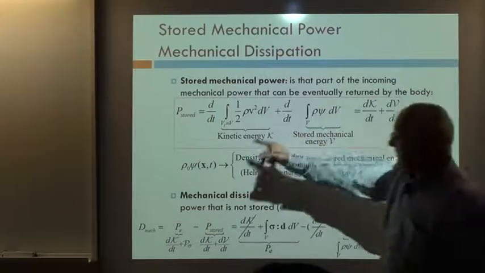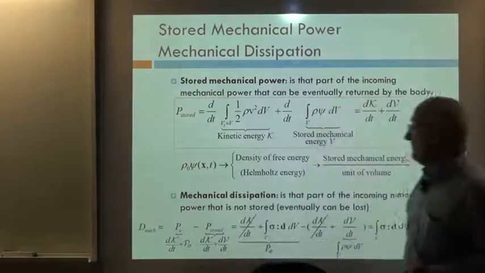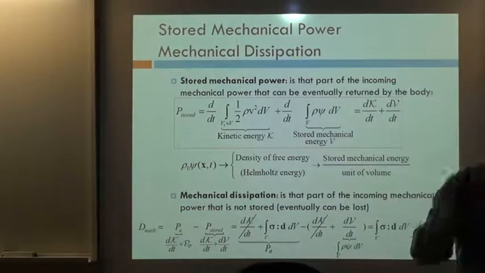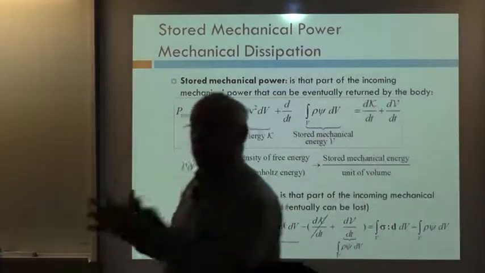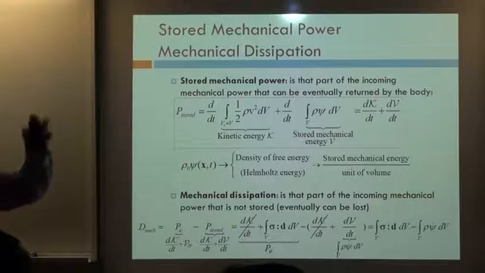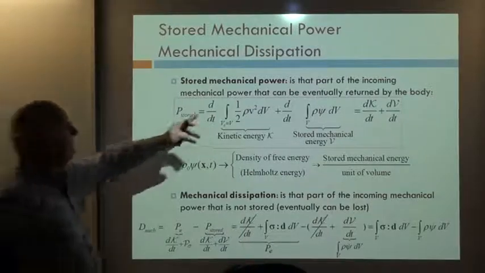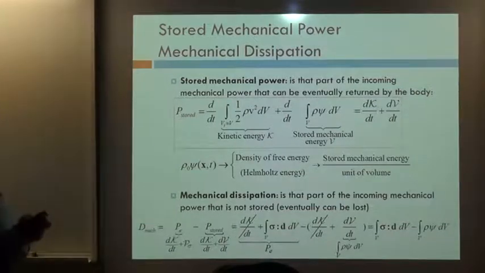So it is the difference of the total mechanical energy. Well, of course, sorry, I anticipated something. We can talk of two different dissipations. If I consider the mechanical part of the power, part of it is stored, which is that, and part of it is dissipated, it's lost.